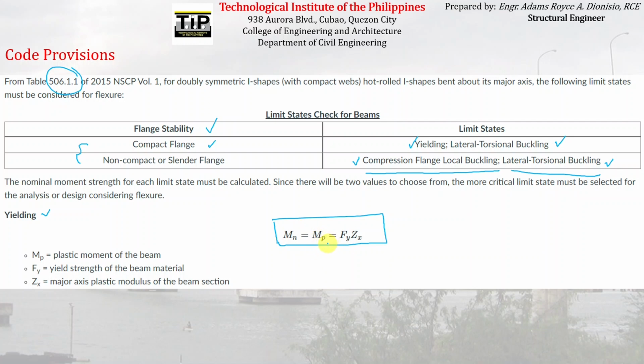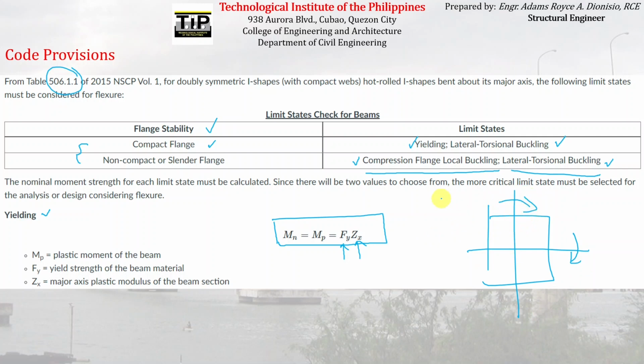From the previous discussion, we have seen that plastic moment is just equal to the product of Fy, the yield stress or yield strength, and the section modulus. Note that this is the plastic modulus with respect to the major axis of the beam. Just like section modulus, the plastic modulus can be with respect to two axes, because the beam can bend about the major axis or about the minor axis.